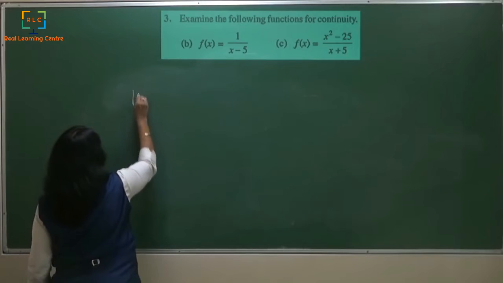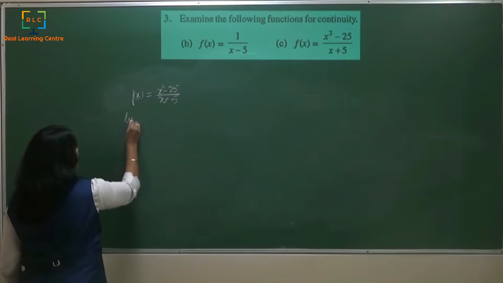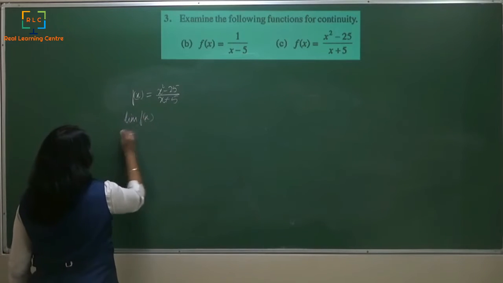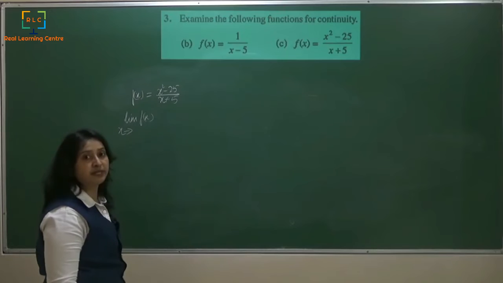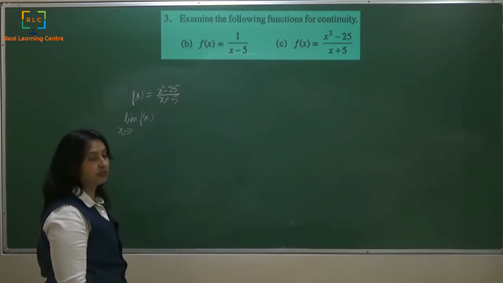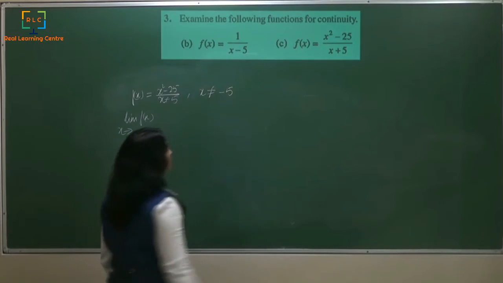They have given f of x is equal to x square minus 25 divided by x plus 5. So we'll start like this: limit of f of x as x tends to, say, any number. If I put minus 5, it's going to become 0 in the denominator, and for this they have given x is not equal to minus 5.